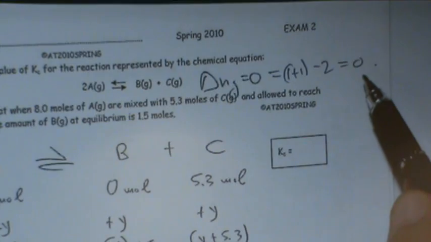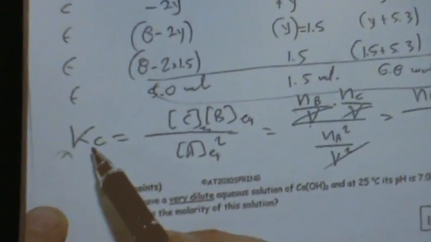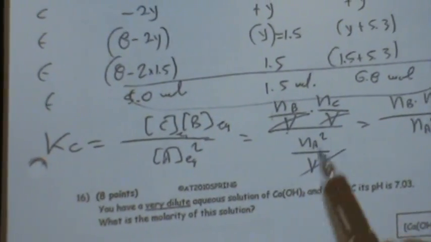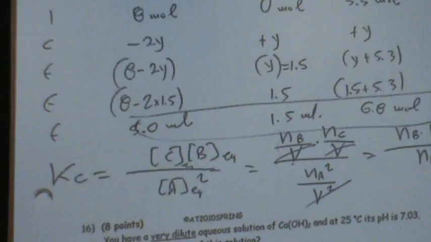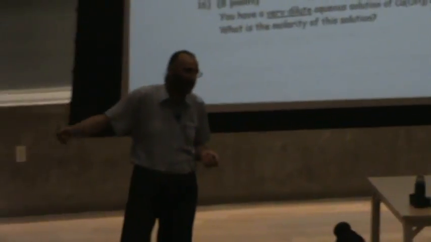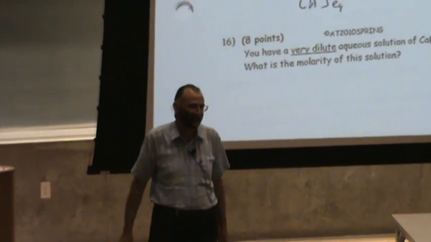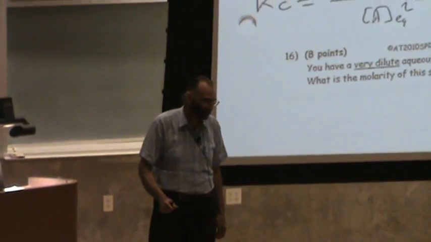Whenever you see this condition, then Kc with molarities is equal to Kn with number of moles, because the volumes go away. If delta Ng was different than 0, then you better have the volume, otherwise you cannot calculate the equilibrium constant, if the problem is giving you moles instead of concentration. You got it?